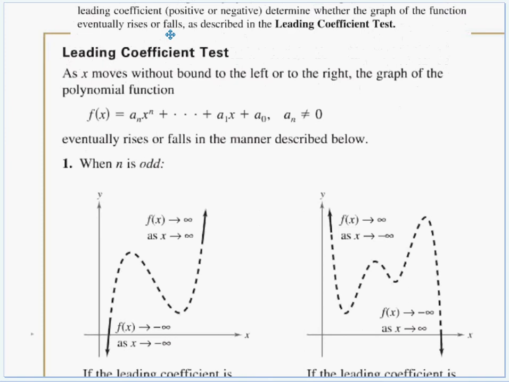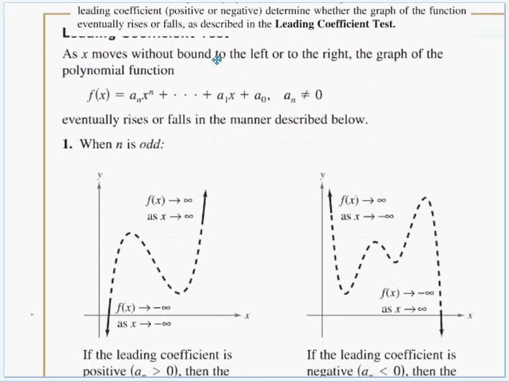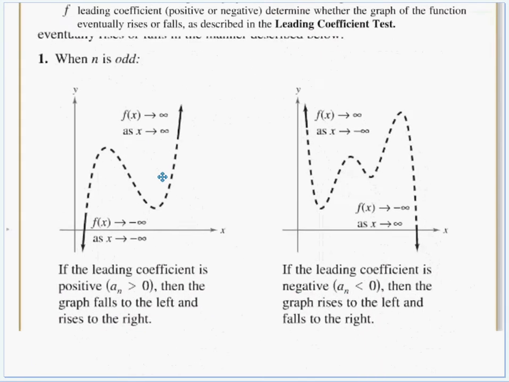So it says here, as x moves without bound to either the left or the right along the x-axis, the graph of a polynomial function will eventually rise or fall in the manner described below.